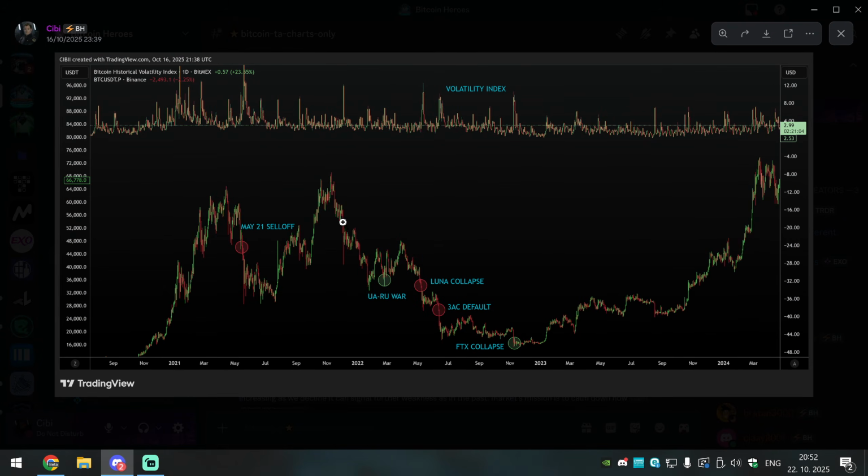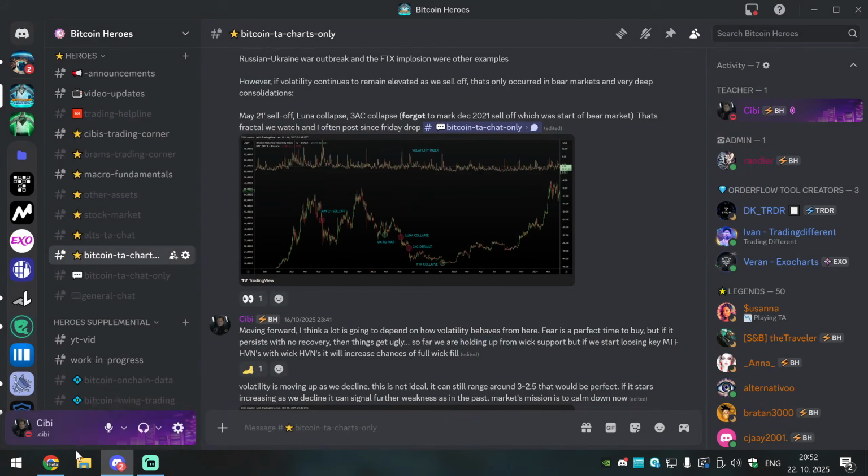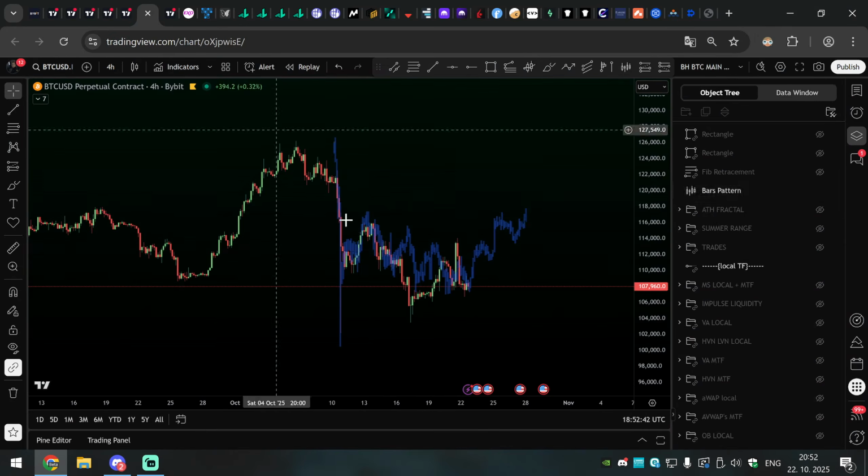I forgot to mark the December 2021 I'm watching as a fractal to the current one, but you see that was another huge spike in the volatility, and again the volatility stayed pretty elevated. It was not returning back to the baseline. So that's why it's absolutely crucial right now what we do.